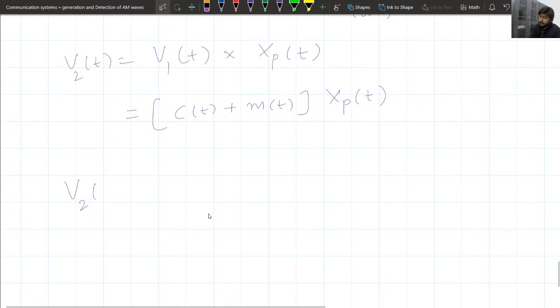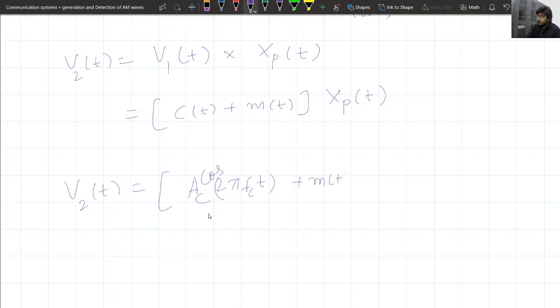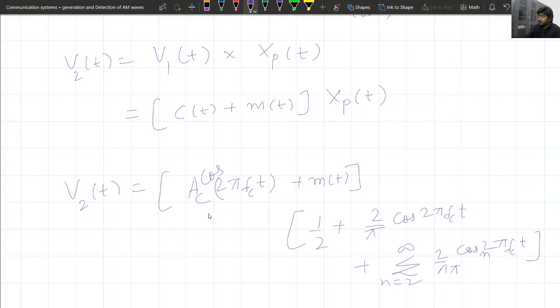We are writing c(t) is Ac cos 2 pi fc t, sorry, this is cos, plus m(t), and xp(t) is given as half plus 2 upon pi cos 2 pi fc t plus summation n equals 2 to infinity 2 upon n pi cos 2 pi fc t, and you have to multiply here n for the nth harmonic.